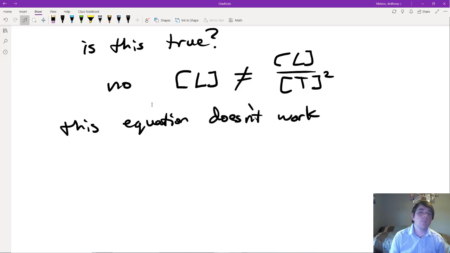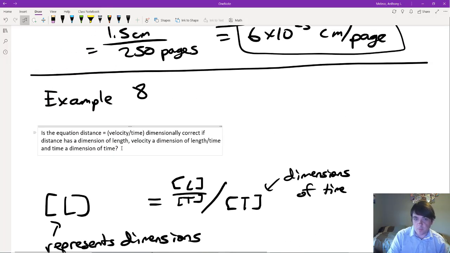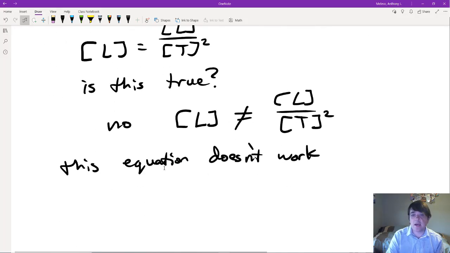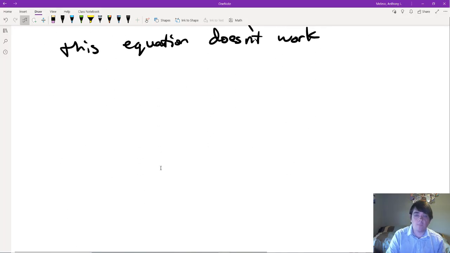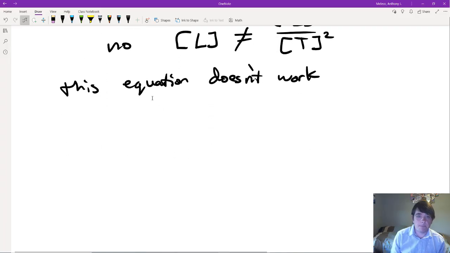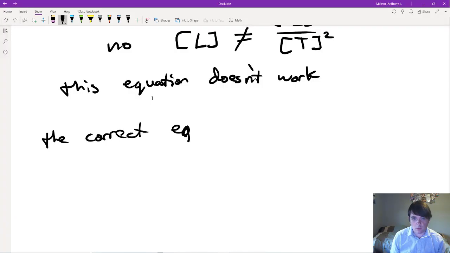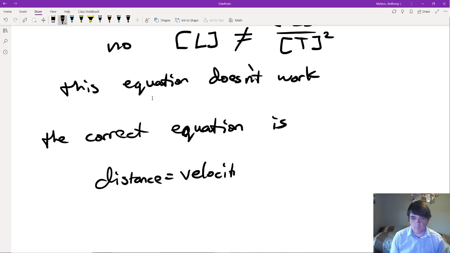And so if you were coming up with an equation in your head and you were trying to see, does distance equal velocity divided by time? You could say, no, it does not. Okay? But the correct equation is distance equals velocity times time.